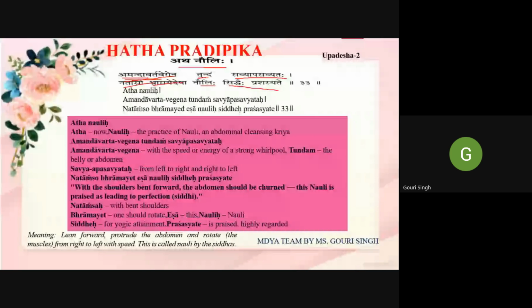So Amanda Bharta, Begena means you have to perform very fast. Tundam means your belly or abdomen.